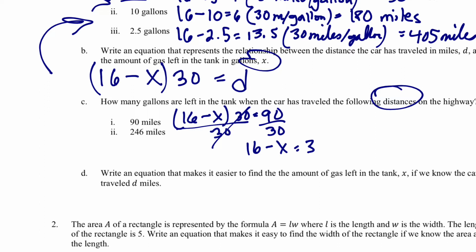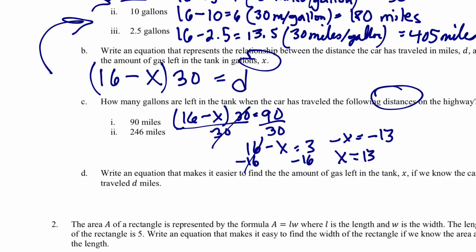I'm going to go ahead and subtract 16 from both sides, okay? And we're going to get negative x equals negative 13, and therefore, if we divide both sides by negative 1, we'll get a positive, which will be x equals 13, okay?